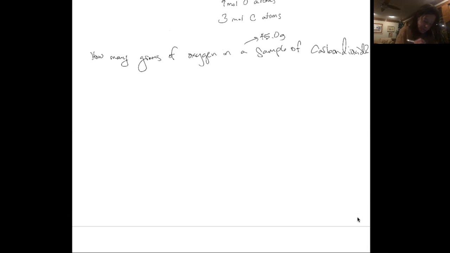Okay. So we're given 45 grams of carbon dioxide. All right, this is what we have. So that's what we'll start with. We need grams of oxygen.